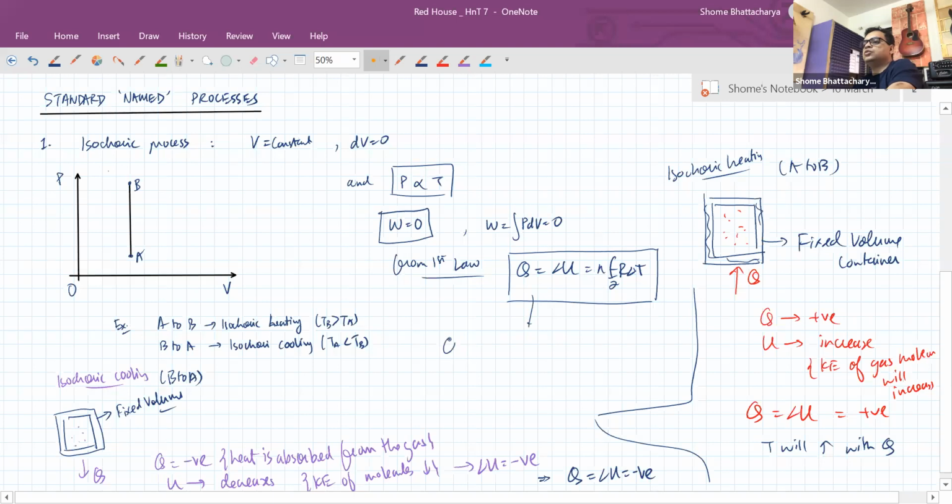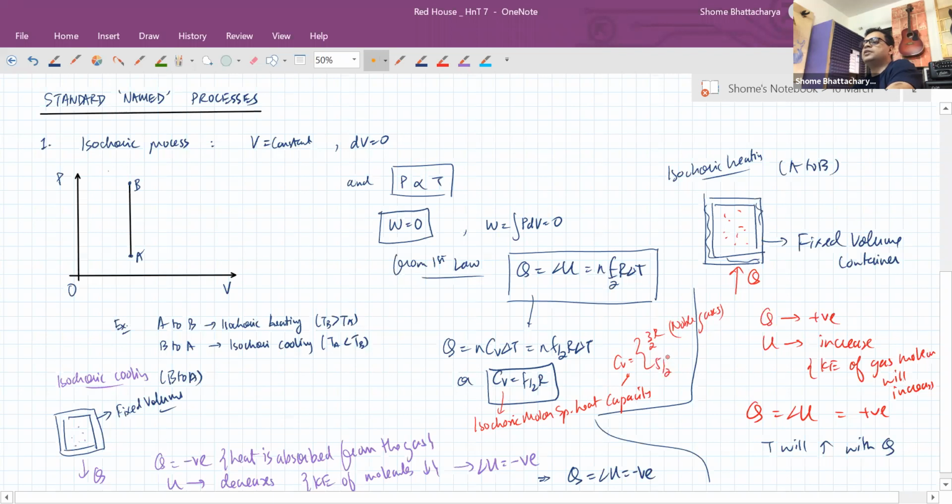So that is why we say that Q over here is nC_V delta T, and that is equal to nf/2 R delta T. So we get the formula that C_V is equal to f/2 R, C_V being the isochoric molar specific heat capacity, and that has a value of 3/2 R for noble gases or monoatomic gases, and it has a value of 5/2 R for diatomic gases. Okay.